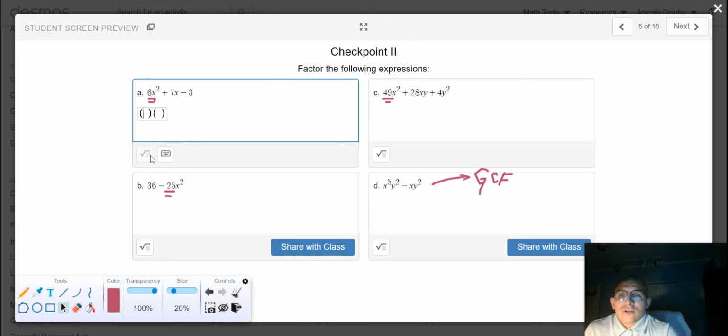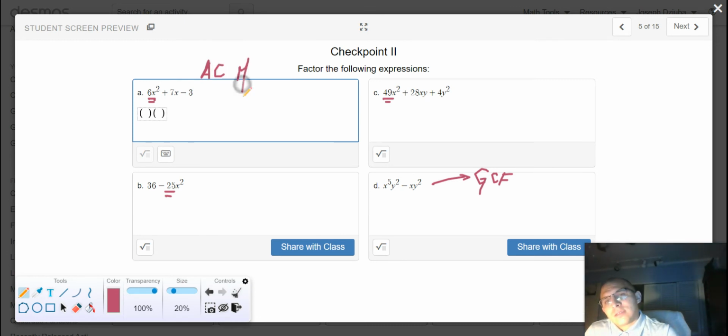Something that your teacher from Algebra 1 might have offered you is something known as the AC method, which is good, but sometimes a little cumbersome.